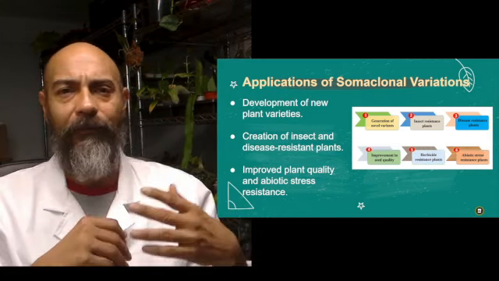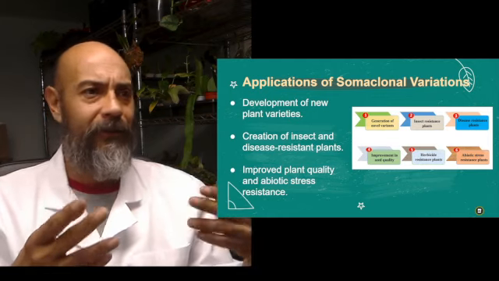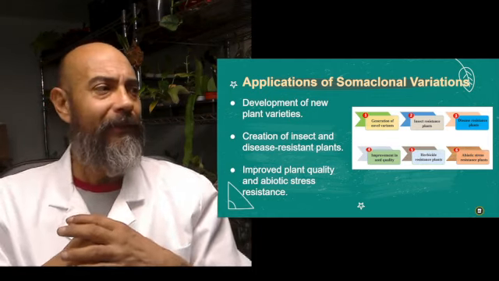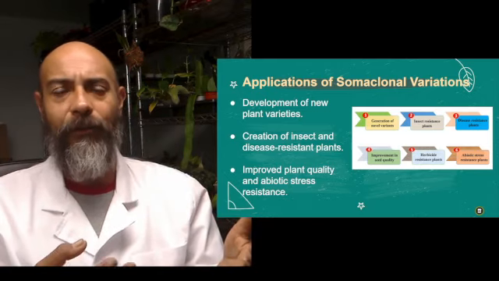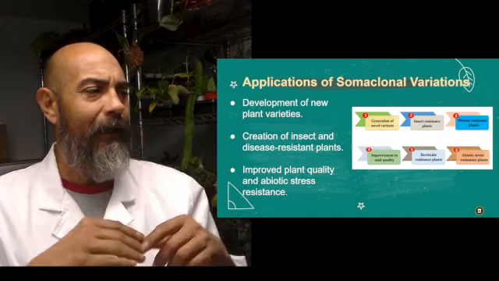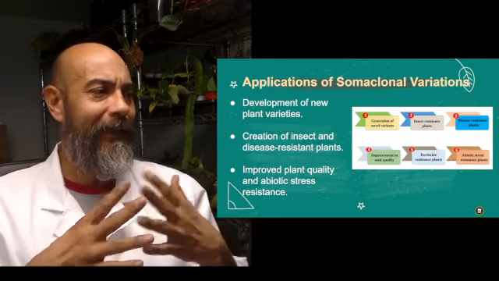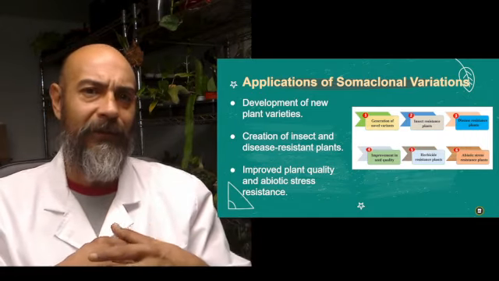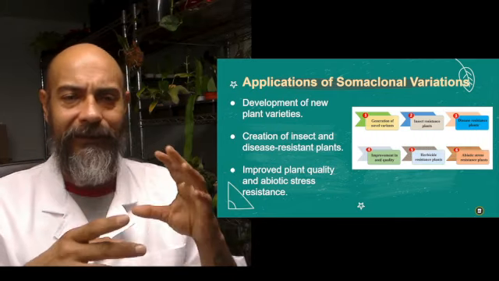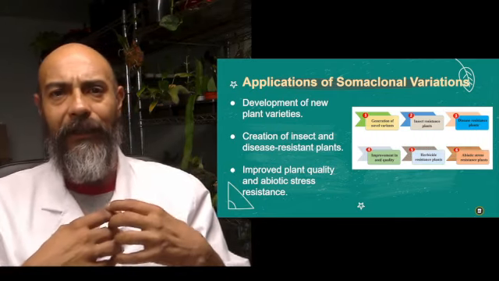You want to have plants that grow better under conditions that they weren't normally able to grow in or thrive in. So you help aid that by the genetic manipulation of the plant. Lastly is the antibiotic resistance and the stress resistance of the plant, insect and disease resistance and just resistance altogether.